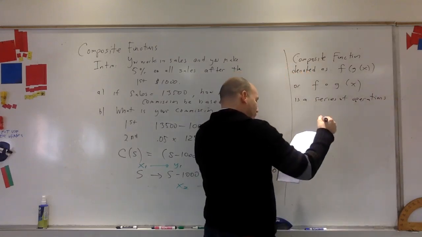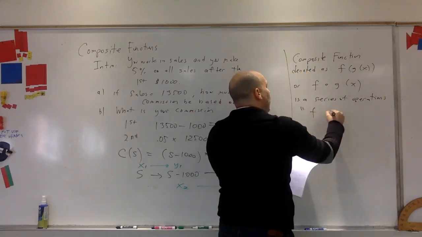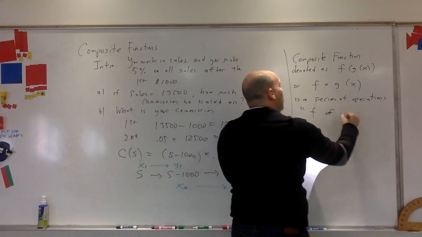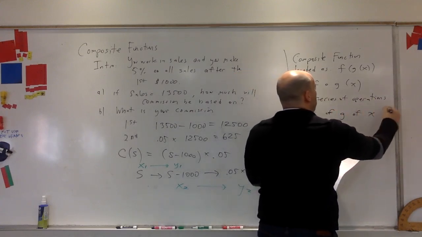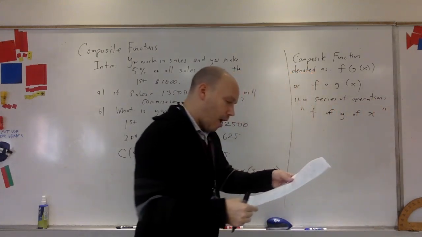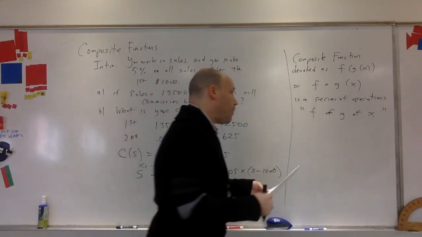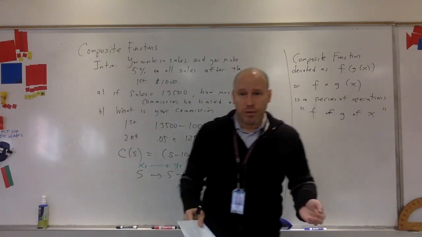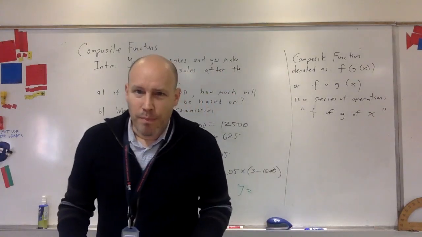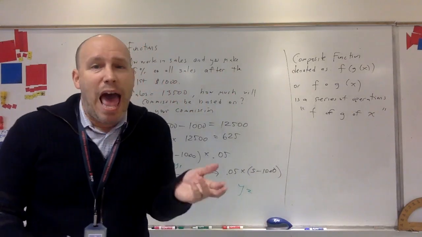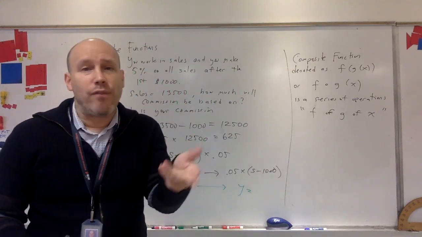It's read as f of g of x. The idea is you're going to be given two unique functions, and you're going to be asked, what is f of g of x, or f of g of 2?